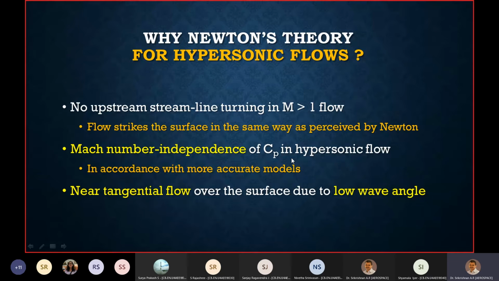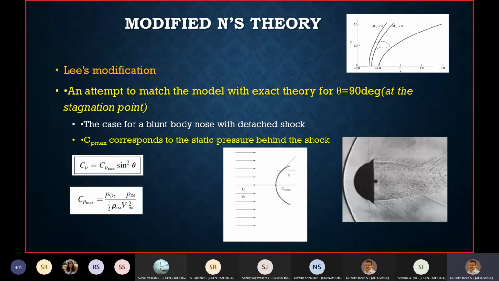Now let's try to understand this a little bit more. What do we mean by near tangential flow over the surface due to the low wave angle? I'll try to explain that a bit more, but so far if you have any doubt, you can ask me, or I can even postpone this discussion to the next class. I guess I'll take that in the next class.